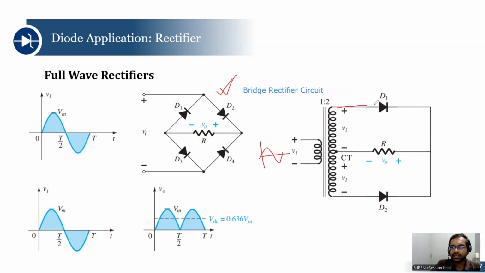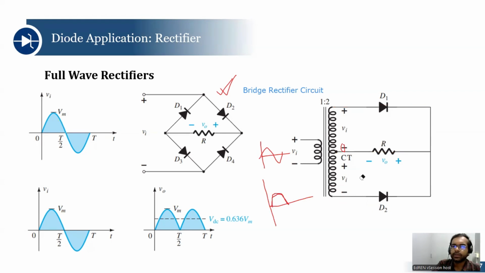So the signal is coming through this diode and then going through this resistor and reaching the negative terminal. But the diode D2 will be in reverse bias because the anode is connected to the negative terminal. So for the positive half cycle, we are getting this part of the signal.